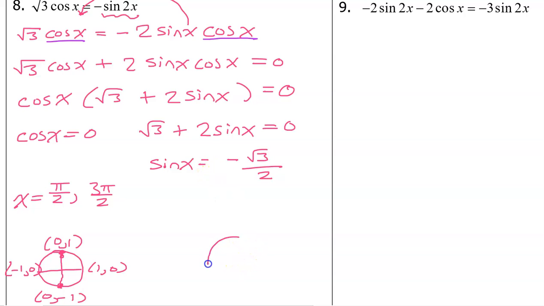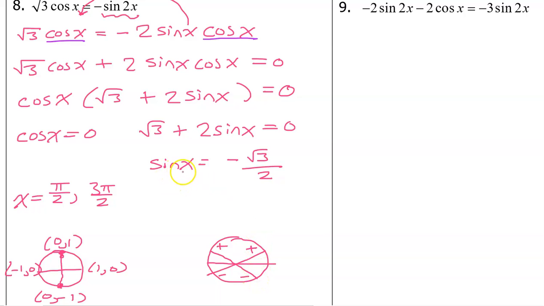But there are actually 4 angles that have a reference angle of pi over 3. Any of these angles will give me some kind of radical 3 over 2. It's just that the sine function is positive in the first and second quadrant and negative in the third and fourth quadrant.